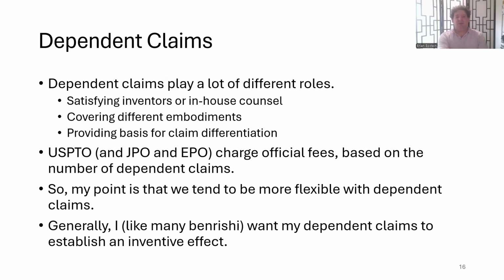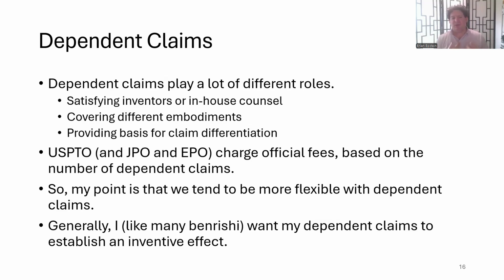Dependent claims can be used to cover different embodiments. They can provide basis for things like claim differentiation. There's all sorts of different uses for dependent claims. On the other hand, many patent offices, USPTO, JPO, EPO, charge official fees based on the number of dependent claims.